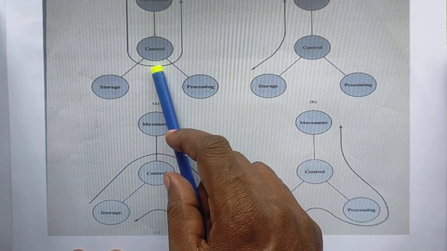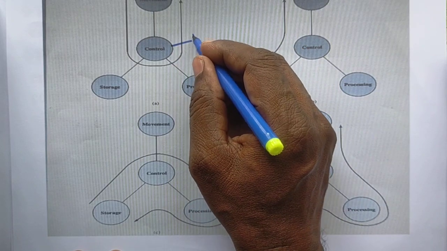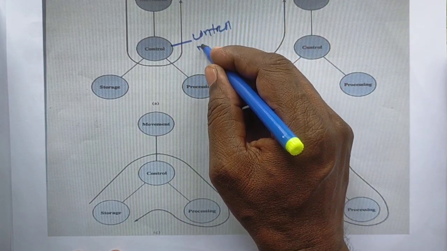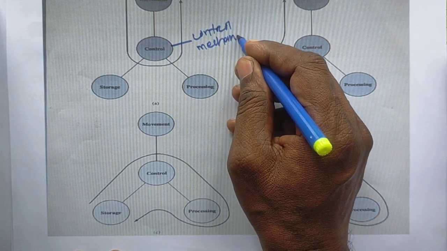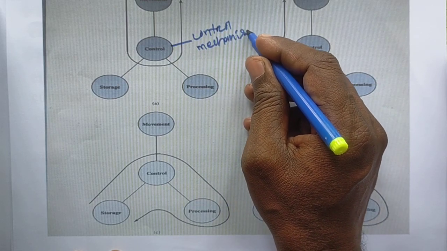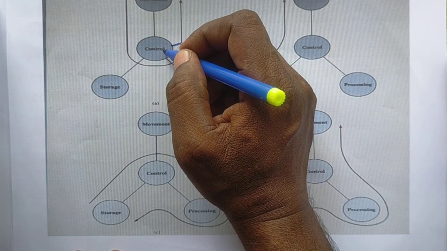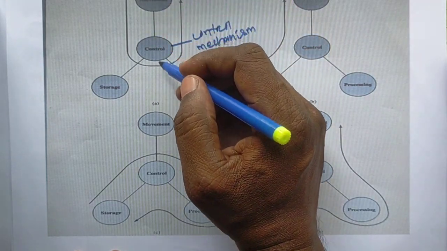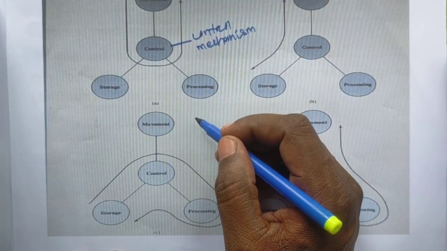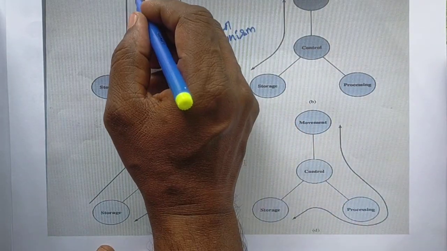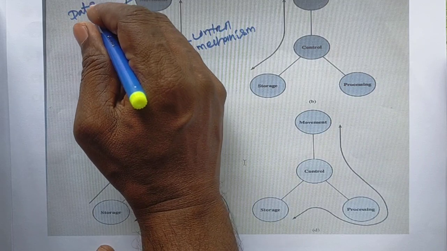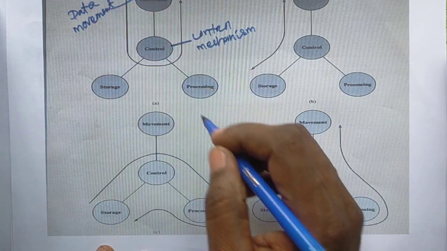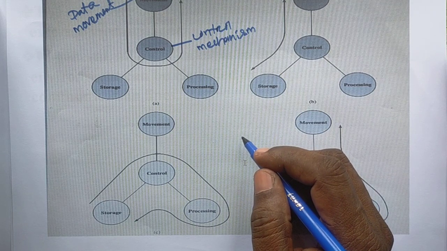In the control mechanism, data is collected from outside, then again sent on. You see, this is the data movement.